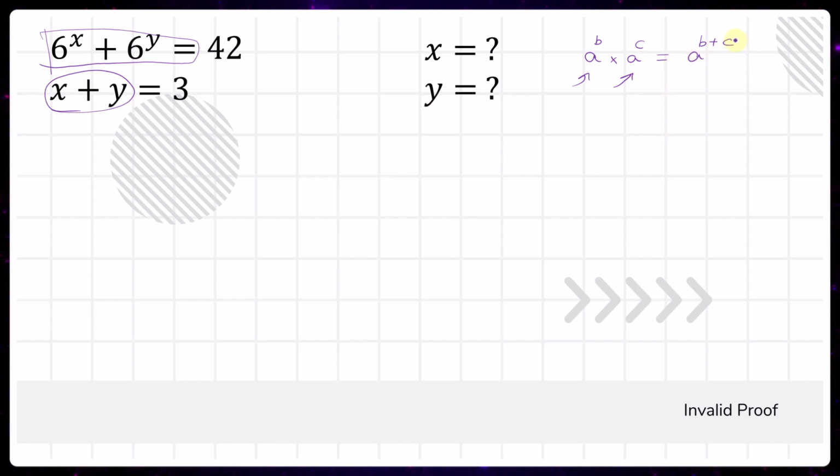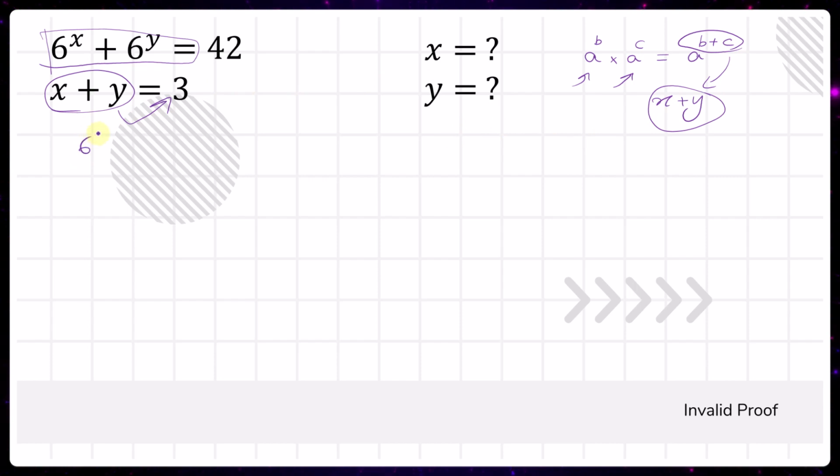All right, let's say this b plus c could be our x plus y, right? And then since we know the amount of x plus y, which is 3, we can use that and remove one of the variables. Now, let's see how we can do that.